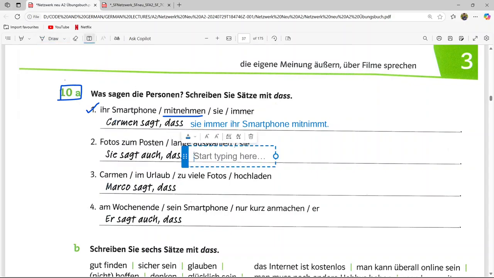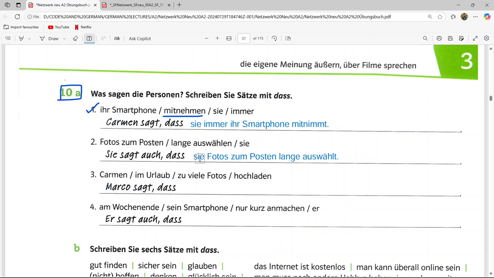So dass sie Fotos zum Posten lange auswählt. So auswählt is the verb, it's moved back and conjugated on the basis of she. Okay, so we do the next one.